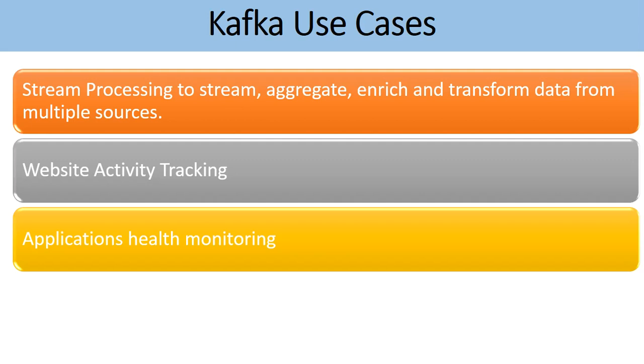In this way, we can monitor the health. For example, if the CPU utilization, memory, or any other resources of certain servers go beyond a certain threshold or limit, then we can trigger an event, and based on that event, we can take preemptive as well as corrective actions.